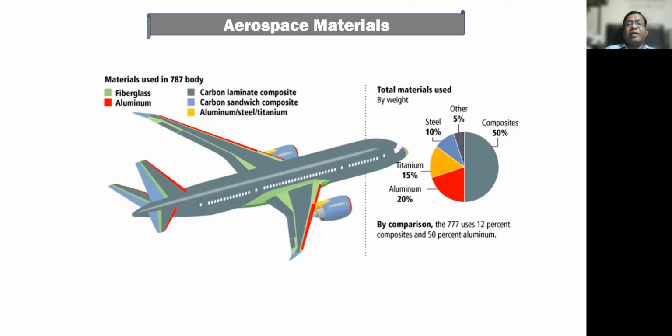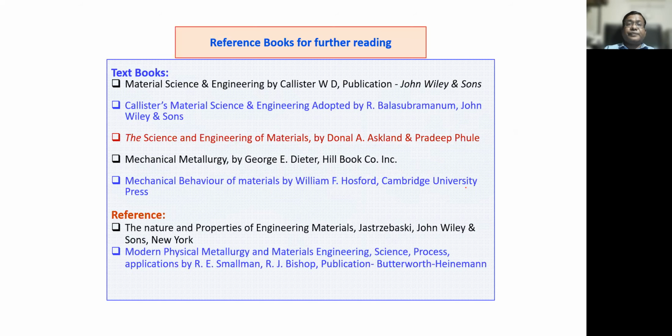So very small amounts of aluminum, steel, and titanium. And materials used by weight are also given. So 50% composite, 15% titanium, 20%. So this is how, in higher end applications, the use of composites is going to increase.